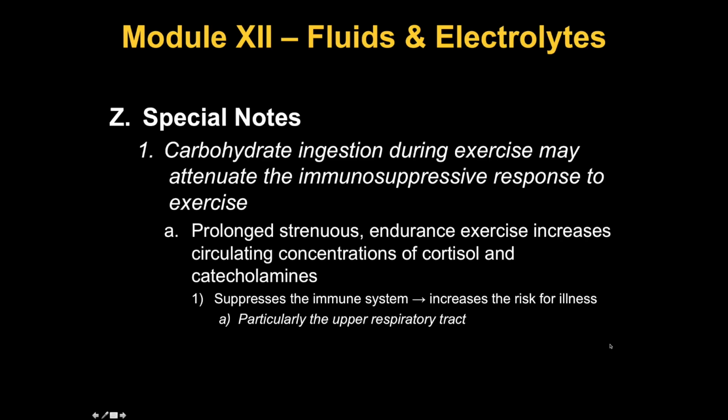So some special notes about fluids and electrolytes. Number one is that carbohydrate ingestion during exercise actually can help attenuate the immunosuppressive response to exercise. When athletes perform prolonged, strenuous endurance exercise, so really long, high-intensity exercise, that increases levels of cortisol and catecholamines in the bloodstream, which tends to suppress the immune system, which then places the athlete at risk for illness, particularly URTI, or upper respiratory tract infections.